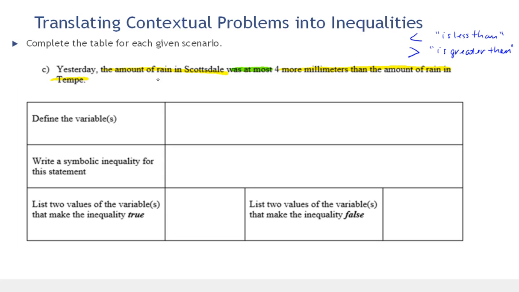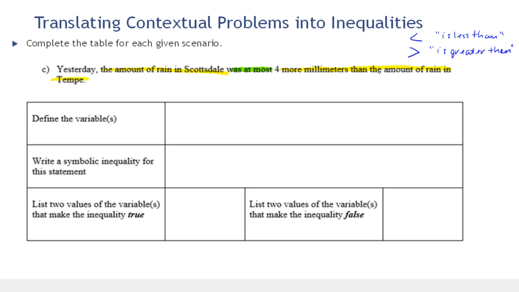So we're comparing two things that are unknown or can change. And the first is the amount of rain in Scottsdale yesterday. Notice based on this piece of information we're going to measure that in millimeters. And then we have another unknown or variable amount, the amount of rain in Tempe yesterday.